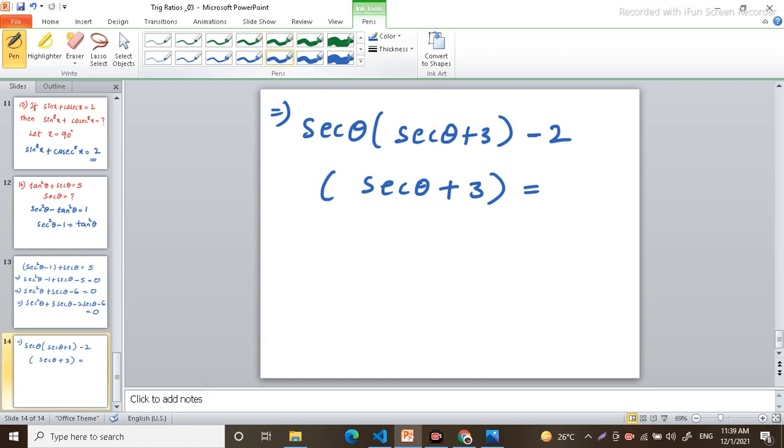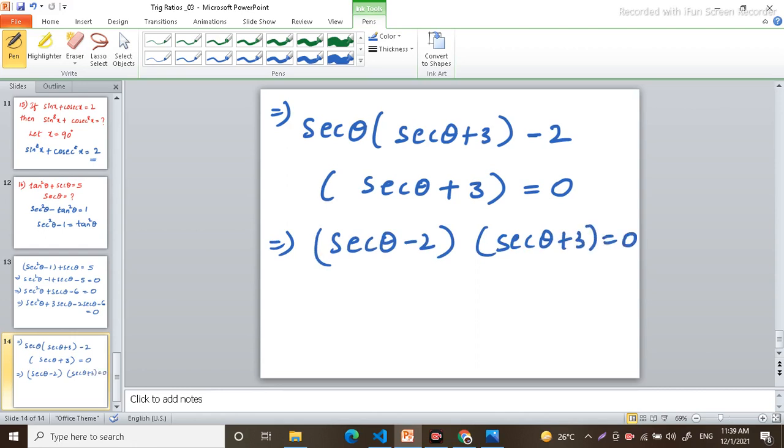Here minus 6 is there. Correct. This is equal to 0. So this will be secant theta minus 2 into secant theta plus 3 is equal to 0. So secant theta is equal to plus 2 or minus 3.